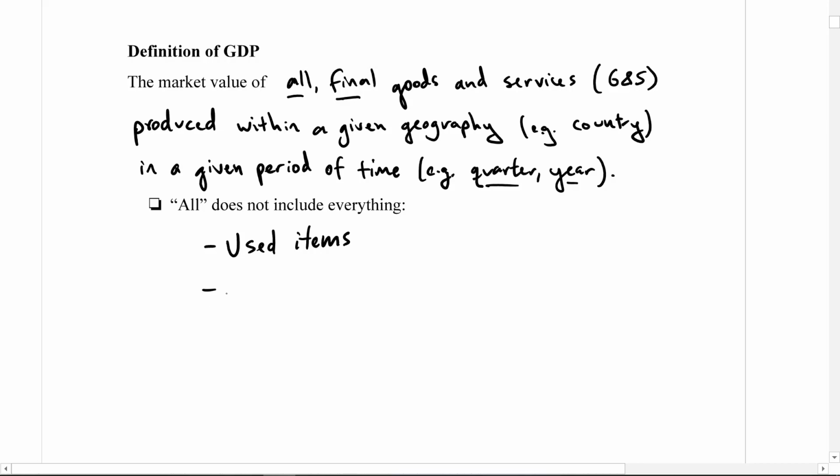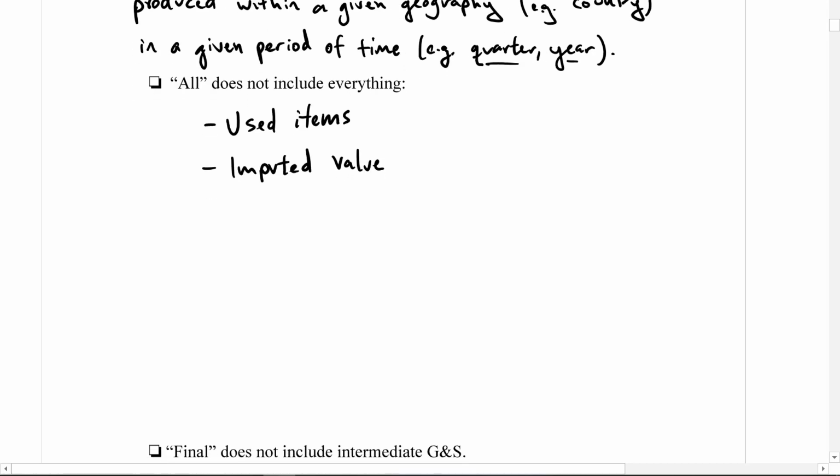Next is imputed value. And this idea of imputed value can come from a multiple number of sources. So let's talk about a couple of them. Goods and services, GNS. Goods and services produced at home. Okay, some examples of these could be homemade meals.